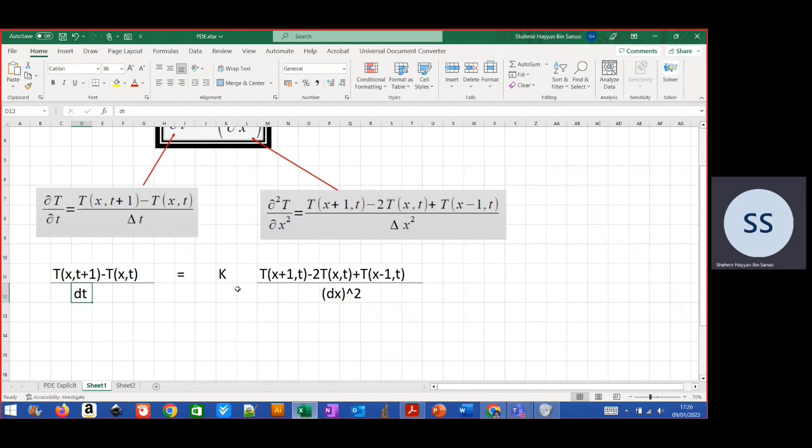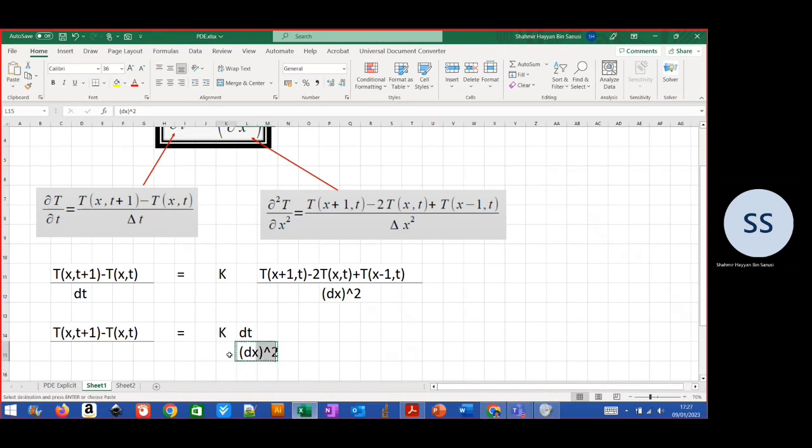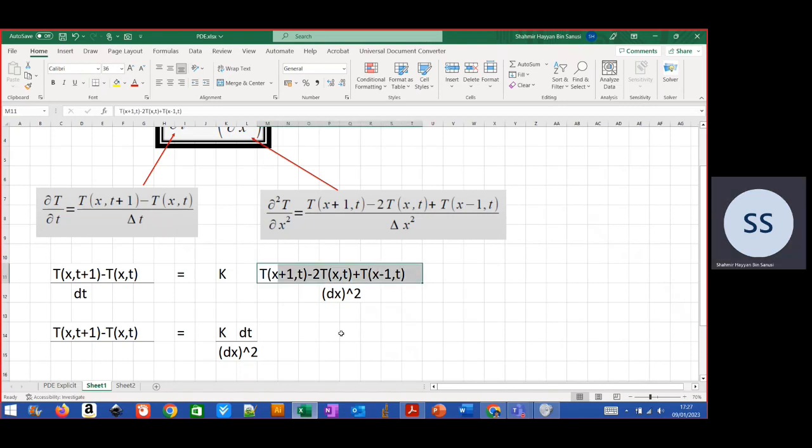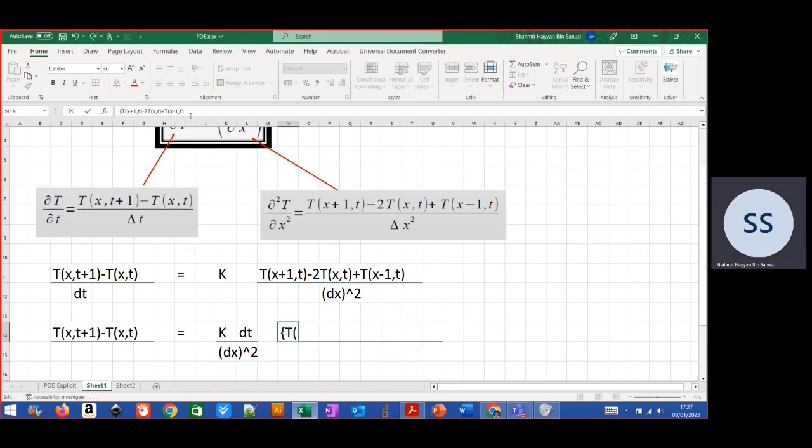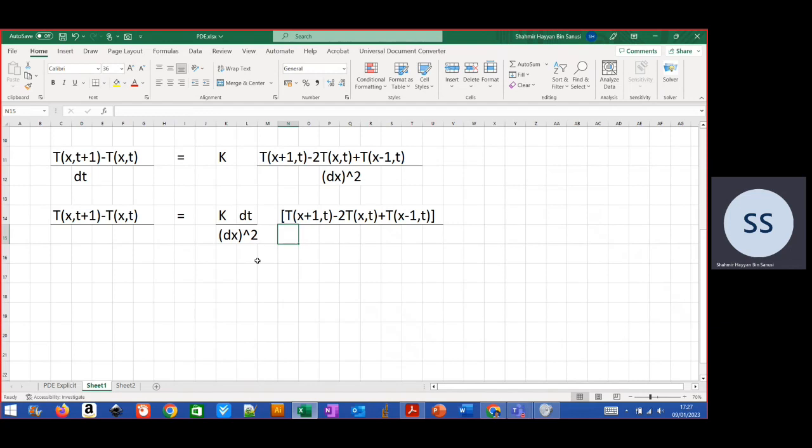And if we factor this out, we get k delta t over delta x squared, equal to k delta t over delta x squared multiplied by these terms. Maybe I'll put a bracket to make it clearer.